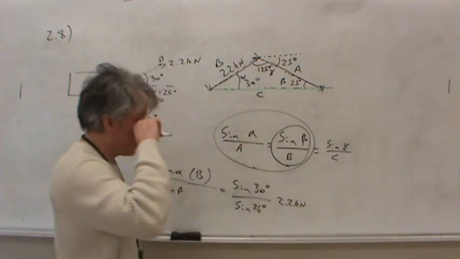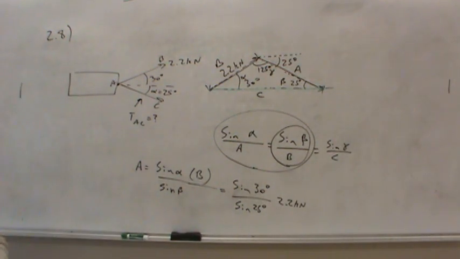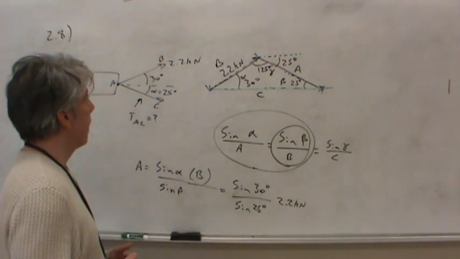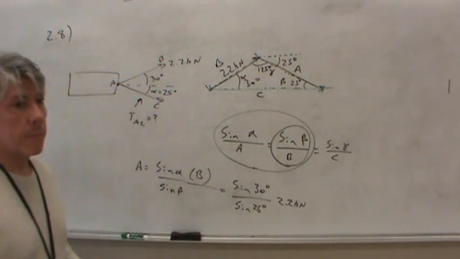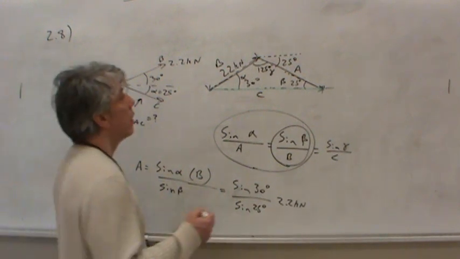So bring out your calculators, please, and just plug this into your calculator. Let's see what we get. Sine of 30 over sine of 25 times 2.2 kilonewtons comes out to what? 2.60.